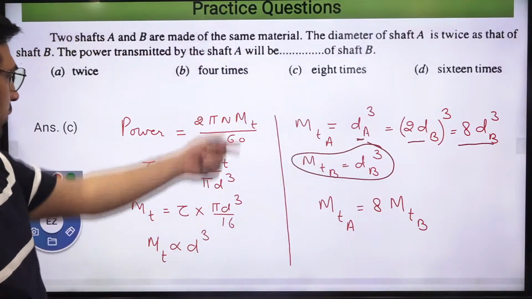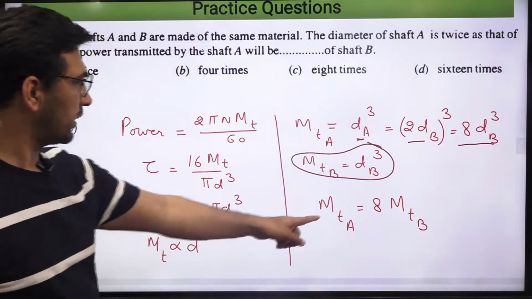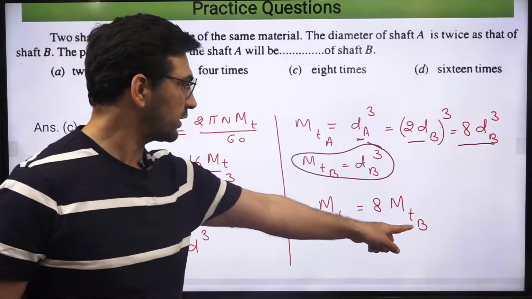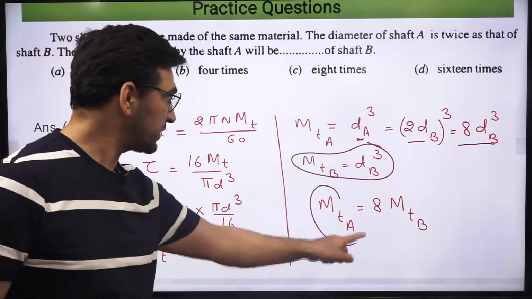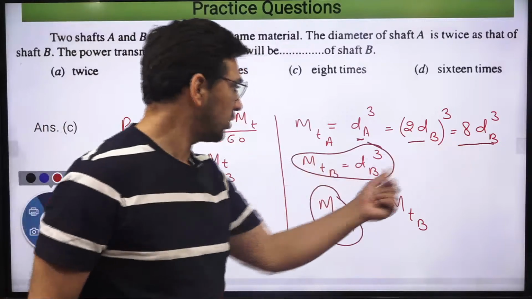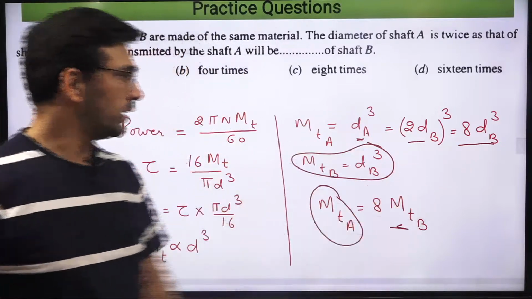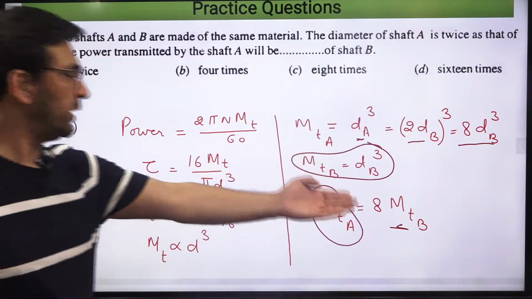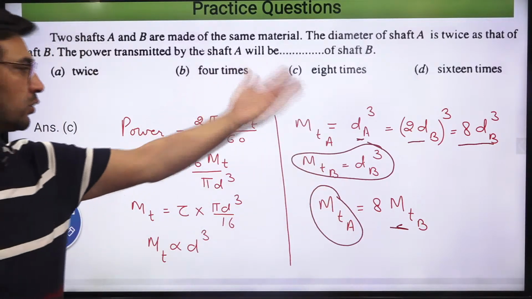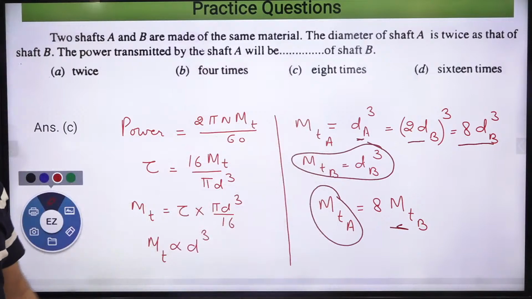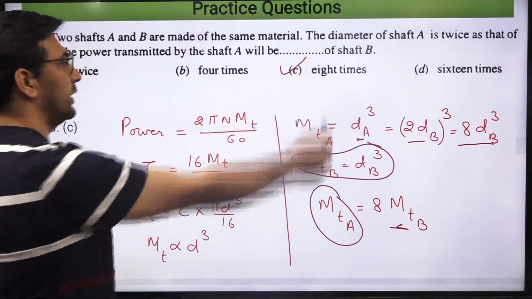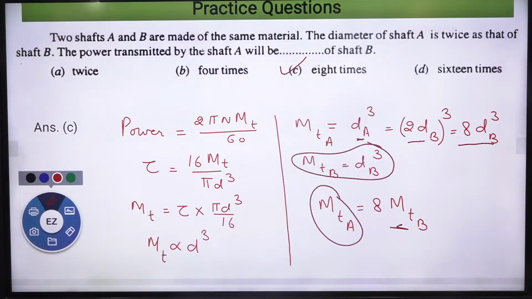So the torque transmitting capacity of A will be 8 times the torque transmitting capacity of B. If torque transmitting capacity is 8 times that of B, then obviously power will also be 8 times that of B. So this is going to be the correct answer.